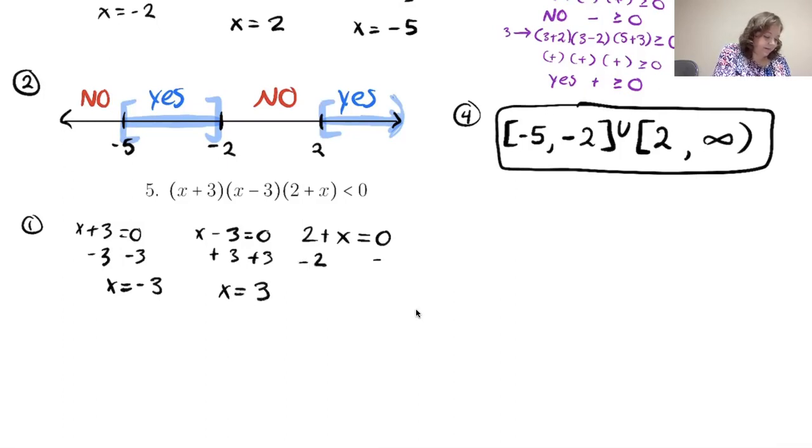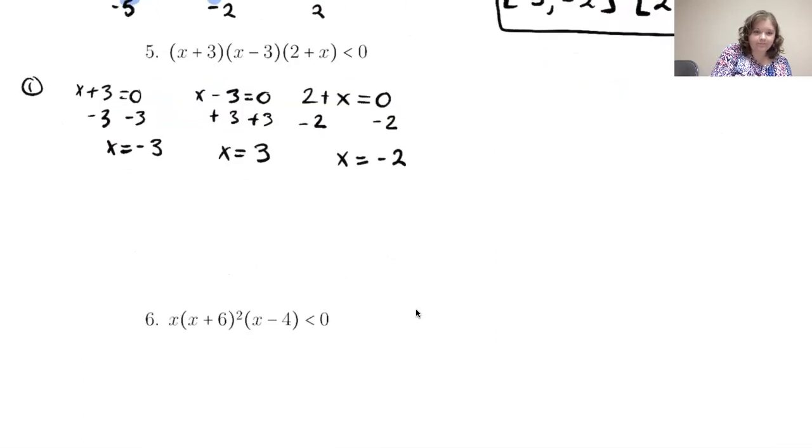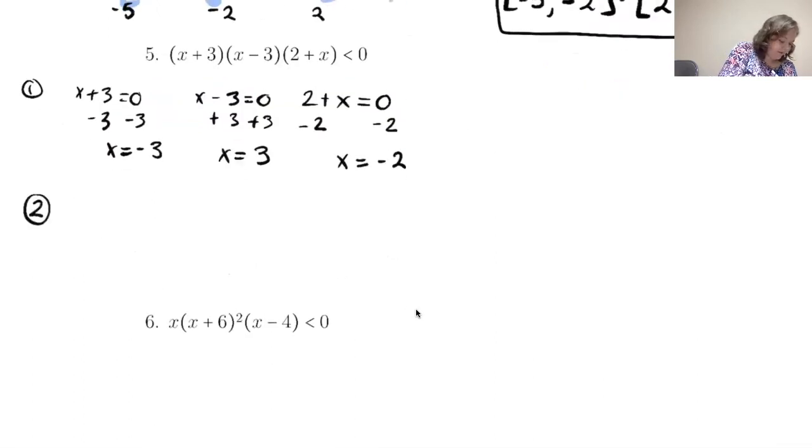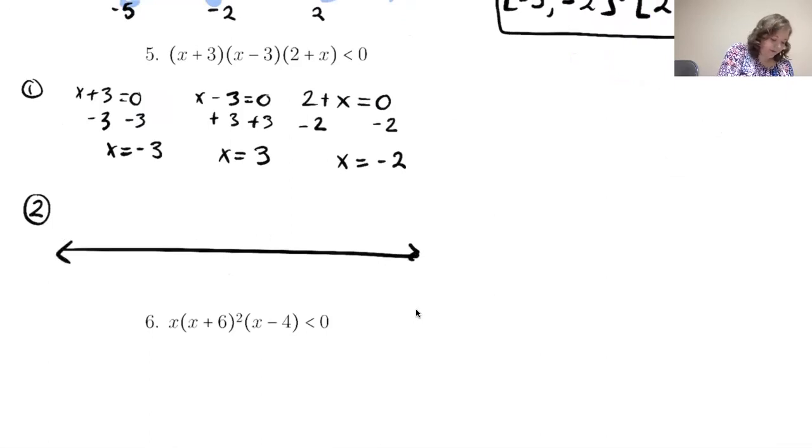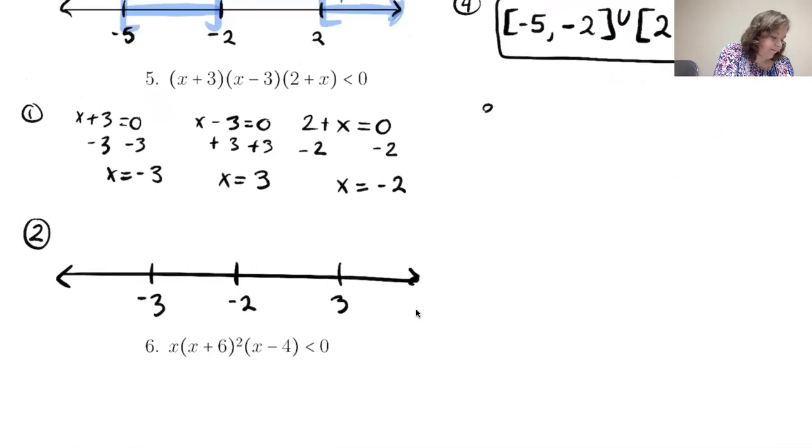And this one we solve and get x equals -2. So step 2, those go on a number line. Put them in the correct order: -3, -2, and 3. And then we will go on to step 3, which is the sign test.